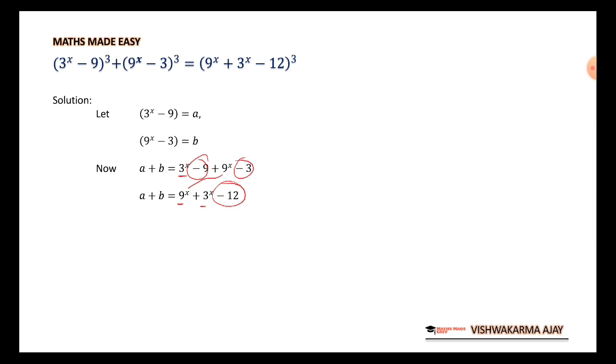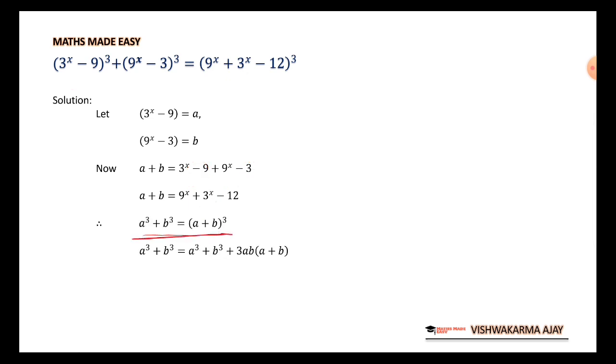Now what I can write is a cube plus b cube is equal to (a plus b) the whole cube. I know the formula for (a plus b) the whole cube: it's a cube plus b cube plus 3ab times (a plus b).